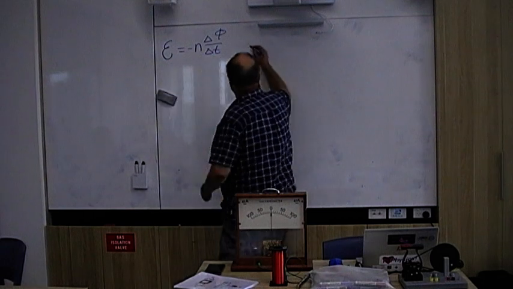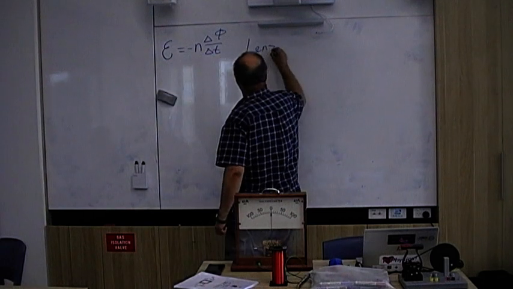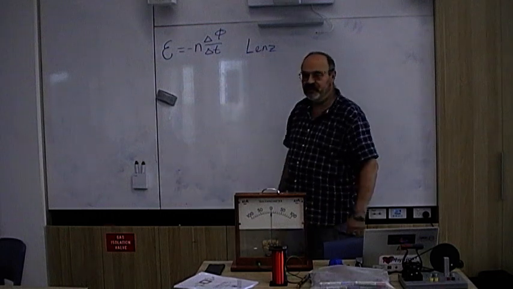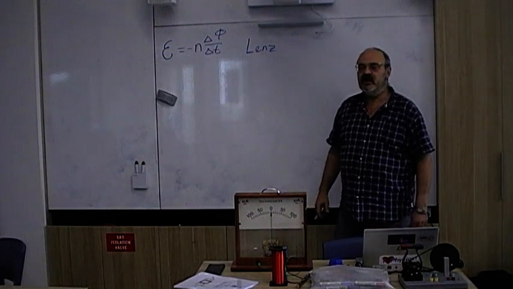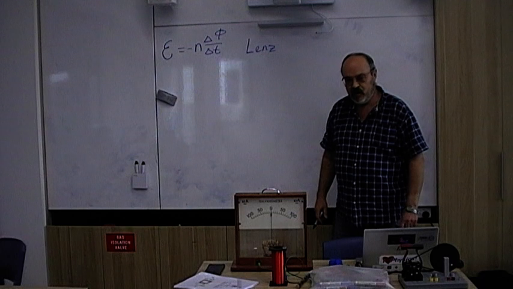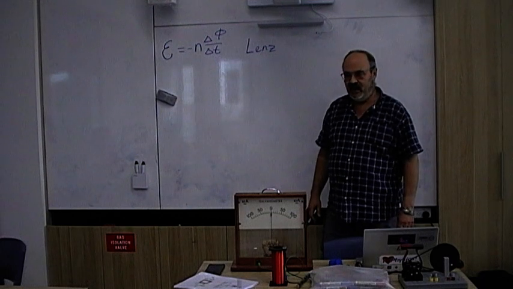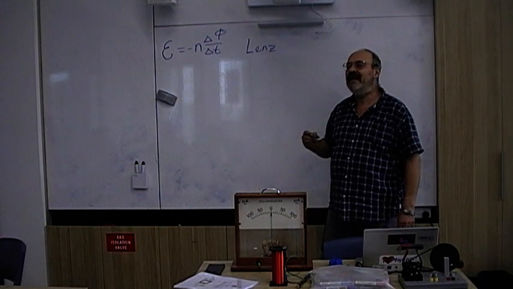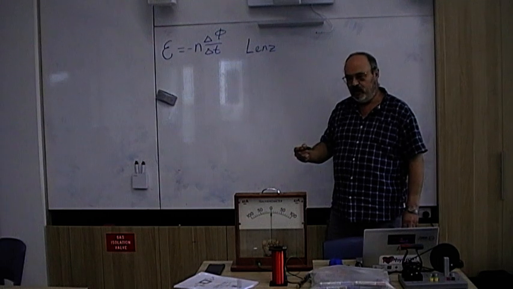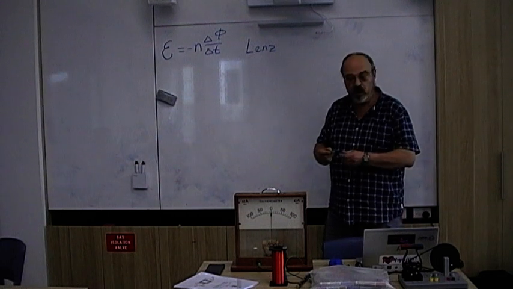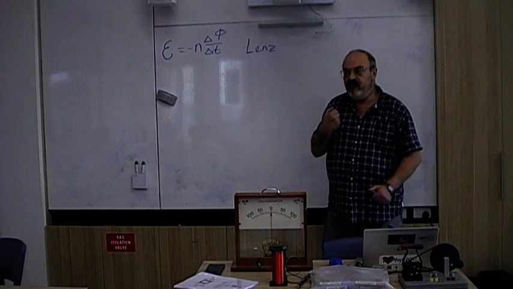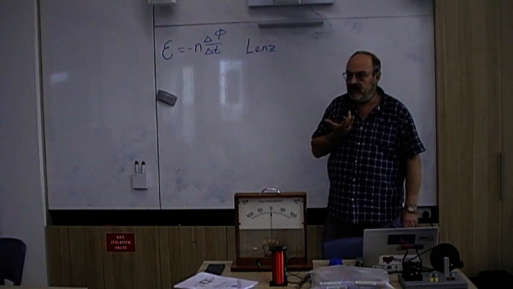Now, what does Lenz's law say? Lenz's law says that the induced current is directed in such a way that the magnetic field produced by this current, because every current produces a magnetic field, right?